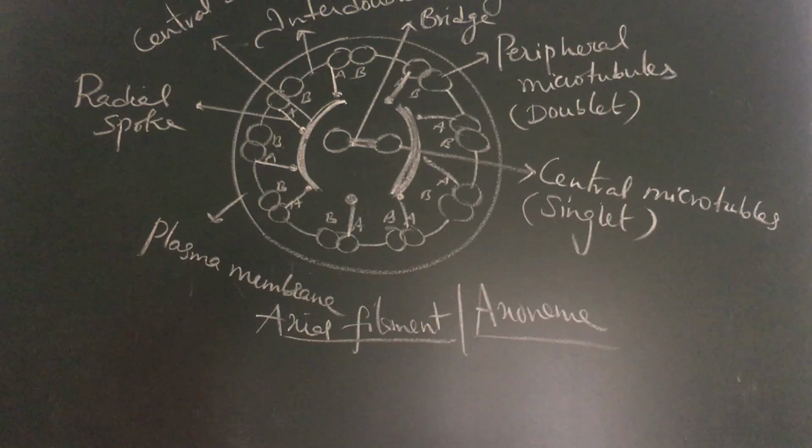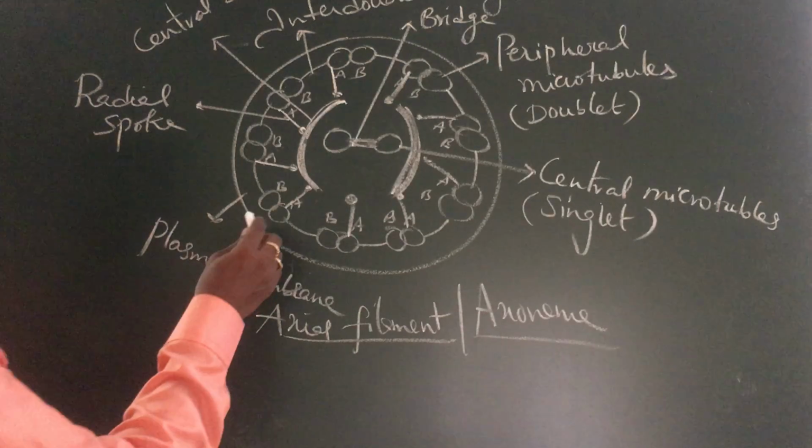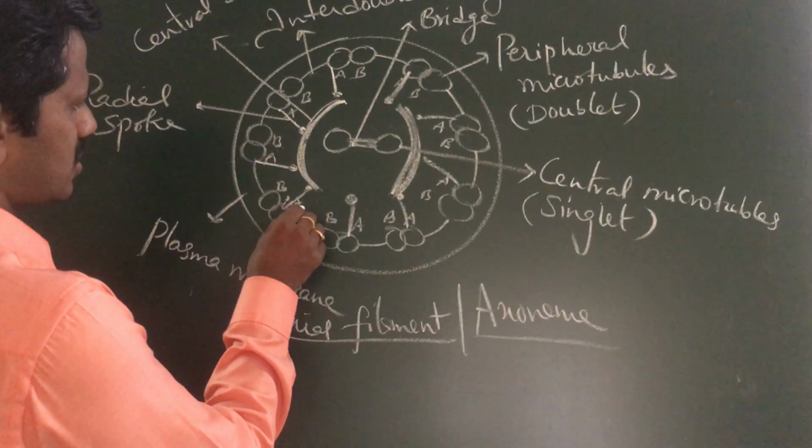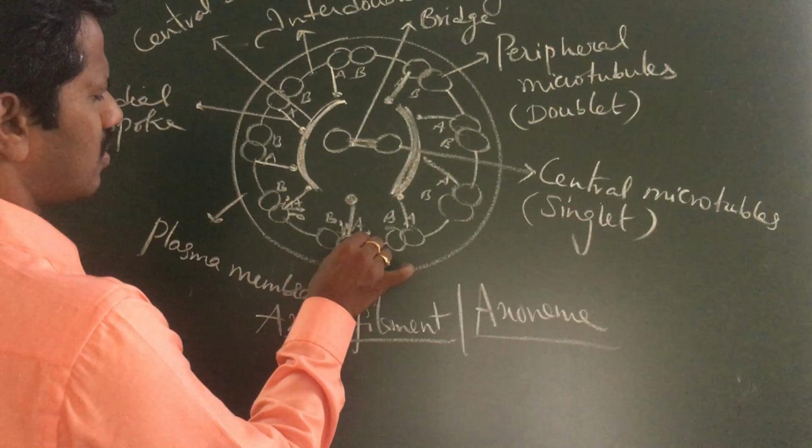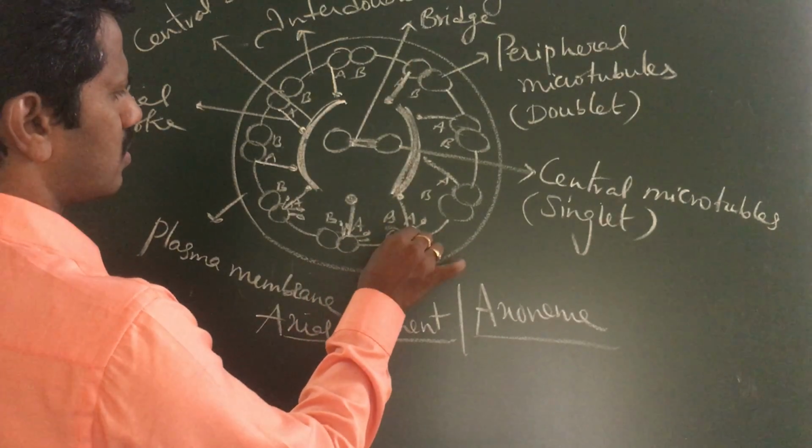Next, dyneins are present too. There are small projections called dyneins on the A microtubule.